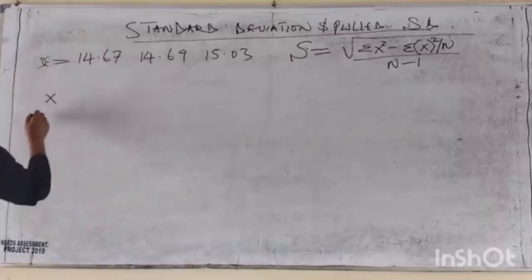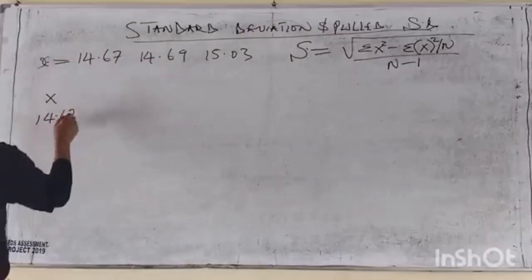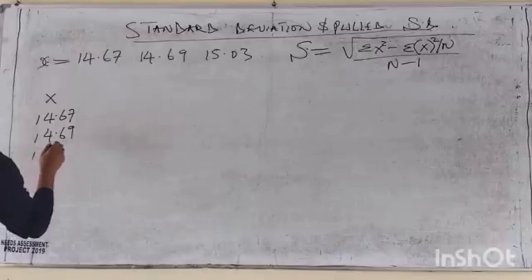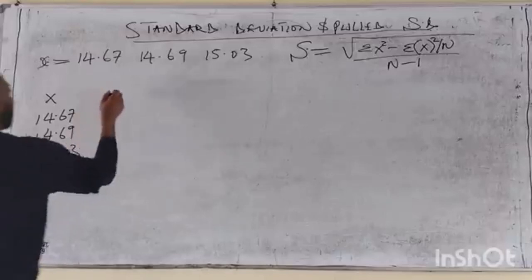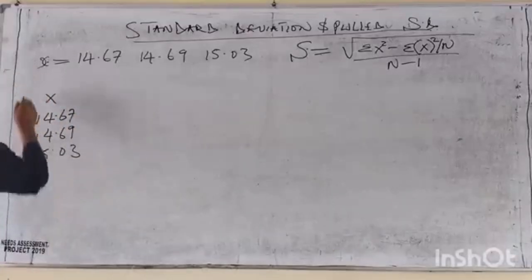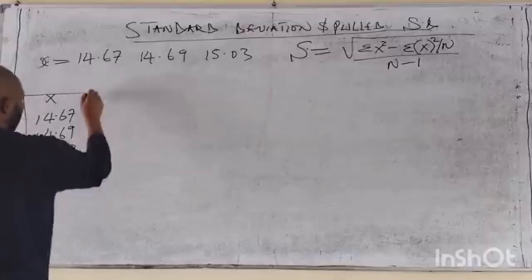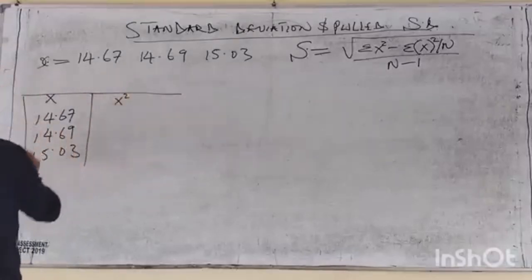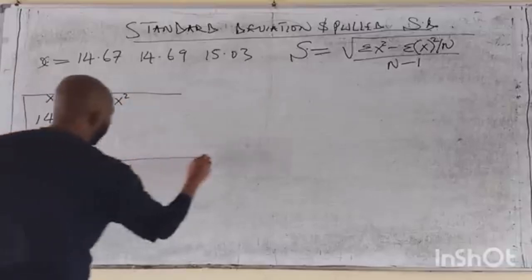So here is my x. I have 14.67, 14.69, 15.03. I have another column here for x squared, which means I have to square every variable here.